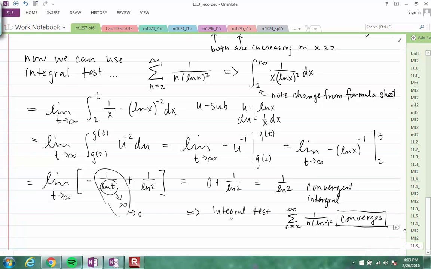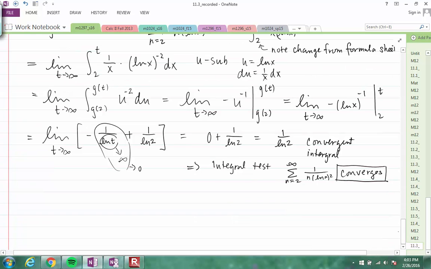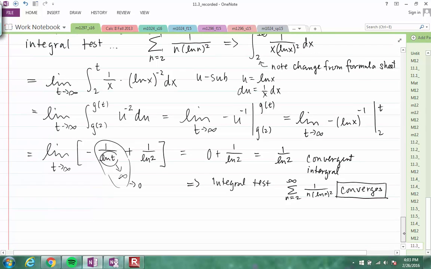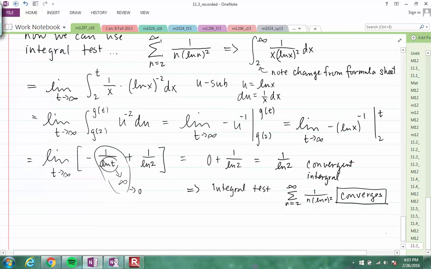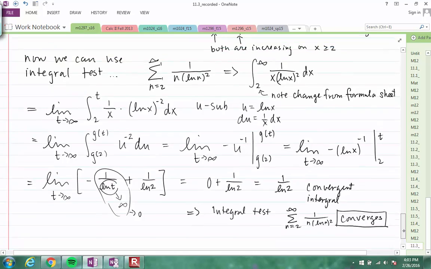In general, our series is not equal to 1 over ln 2. That is exactly what that integral was, but you could use it as an estimate. They're close enough that you could use it as estimation, but we're going to learn better techniques than that.